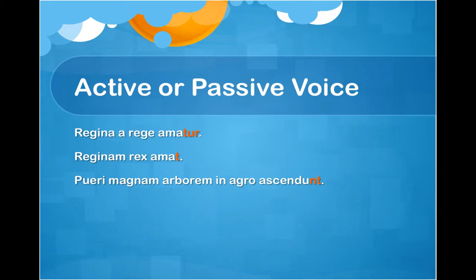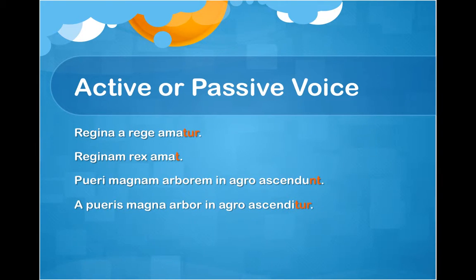In this third sentence, pueri magnam arborem in agro ascendunt, the ending on the verb is NT. NT is from the active voice, and so this sentence is in the active voice. We're looking for a nominative case noun, which is pueri, to be the subject, and they are going to perform the action. The boys are climbing a large tree in the field.